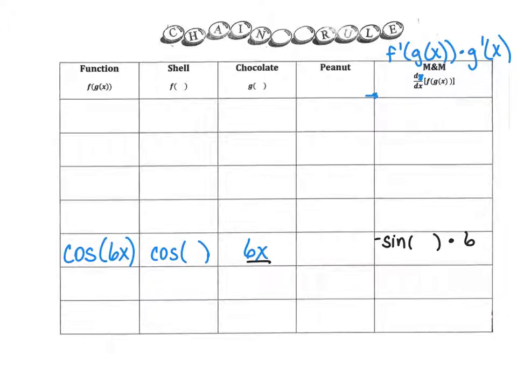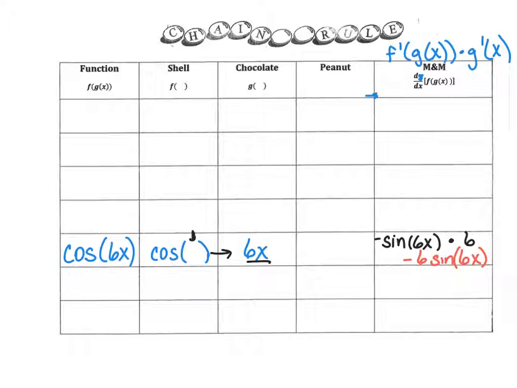And remember, what goes in the parentheses is basically all that's in the next box. What was in the parentheses here, 6x, doesn't change. The arguments of the trig functions will never change. So my final answer would be negative 6 sine of 6x.